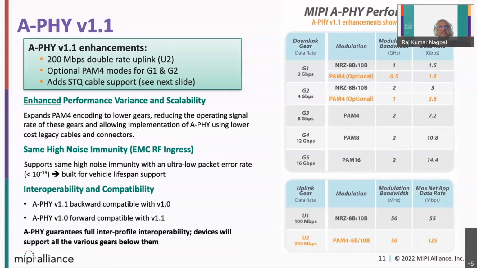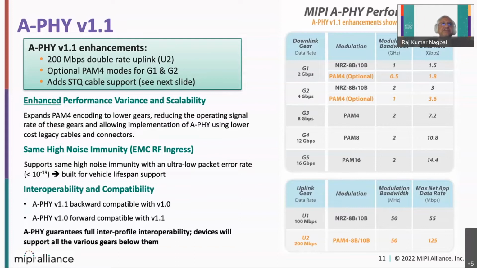Basically, we have added PAM4 support in Gear 1 and Gear 2, and we have doubled the uplink from 100 to 200 Mbps. So these are the basic enhancements. And by the way, A-PHY 1.1 takes advantage of STQ cable, and a lot of digital blocks are really not changed because you have effectively not changed your per-lane data rates.